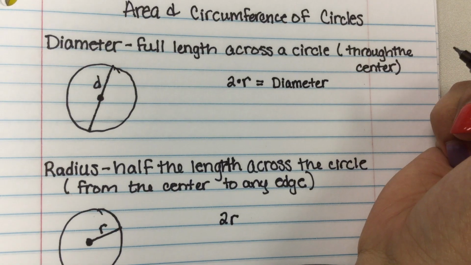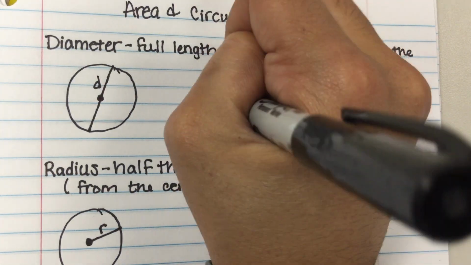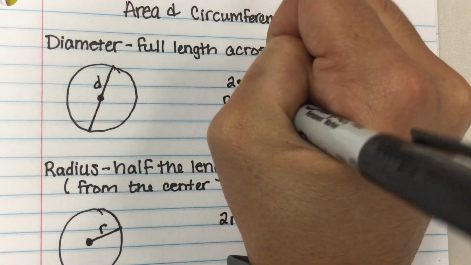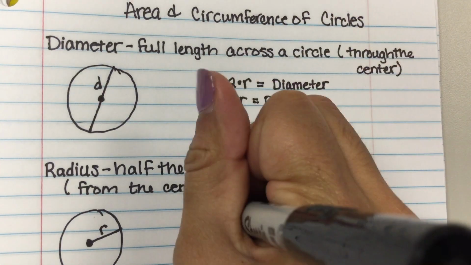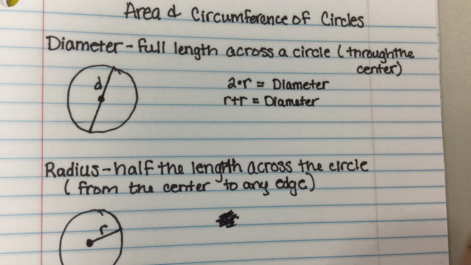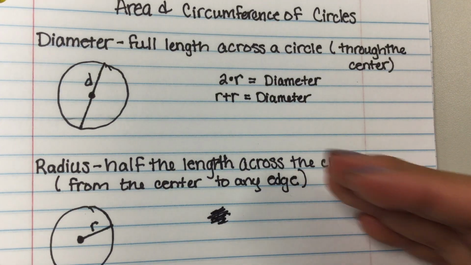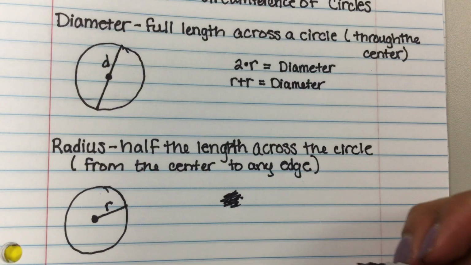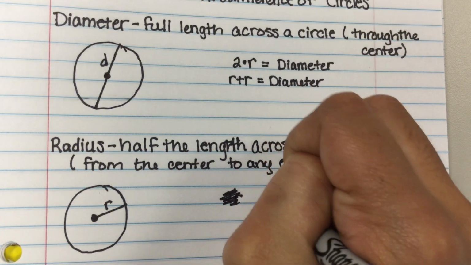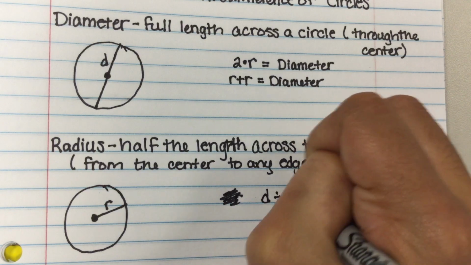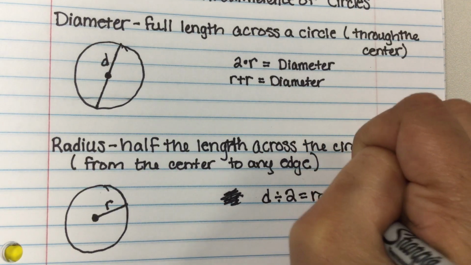Or you can add it, radius plus radius will also give you the diameter. In reverse, if you're given the diameter and you want to know the radius, you take the diameter and divide it by 2, and that'll give you your radius.